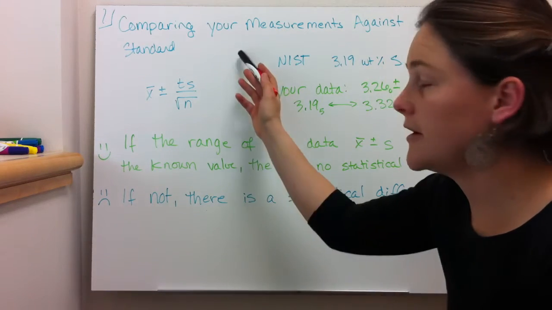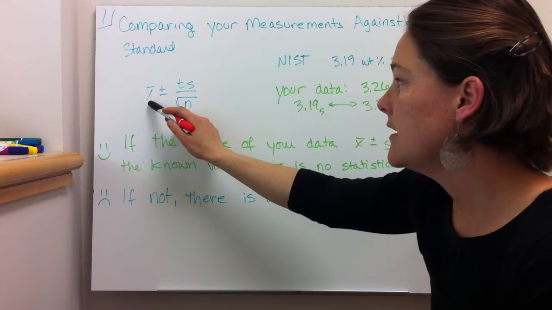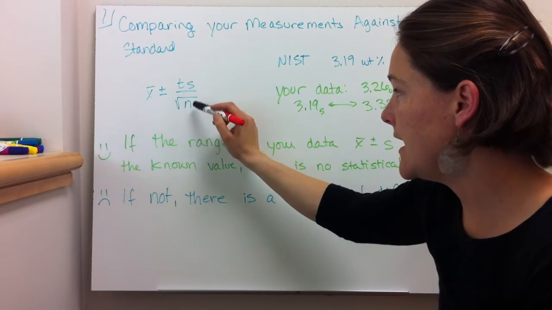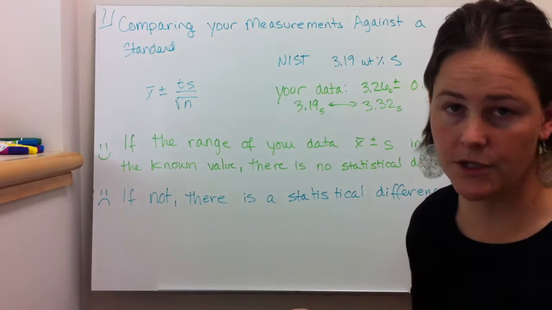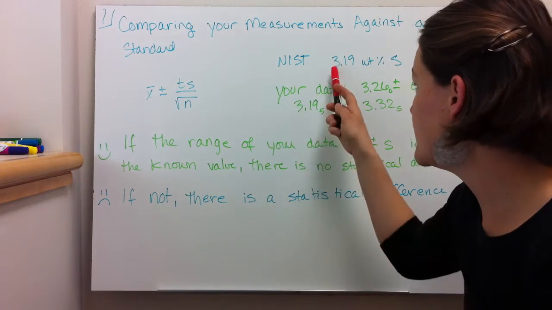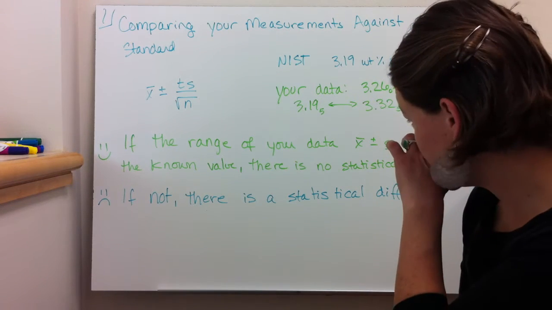So, number 1, comparing your measurements with a standard. You're going to use the same equation, x bar plus or minus ts over the square root of n. We're just going to go over the example in your book where you have a NIST standard that's 3.19% sulfur, weight percent sulfur.